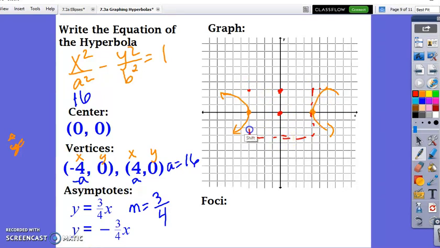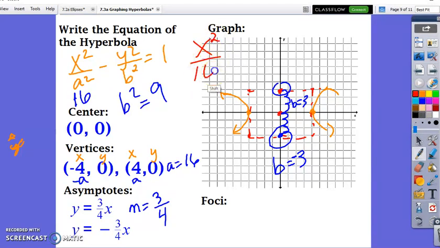That's helpful because it gives me where my other 2 points are to make the box, which end up being my b values. So b is 1, 2, 3, or that would be -b, and this b would be +3. So that means that b squared will be 9. So my equation is going to be x squared over 16 minus y squared over 9 equals 1.